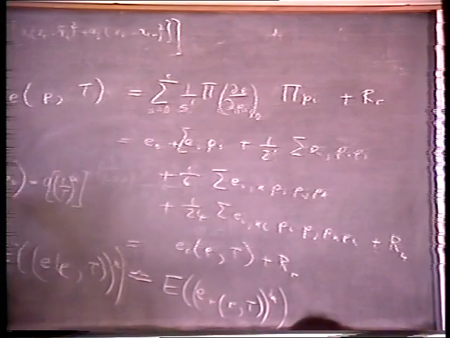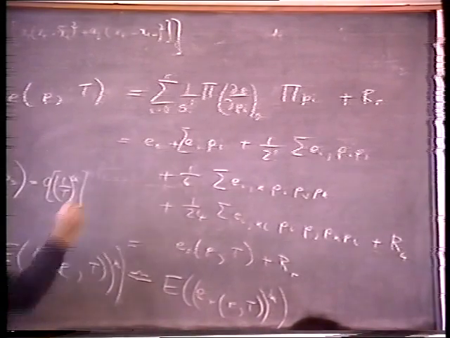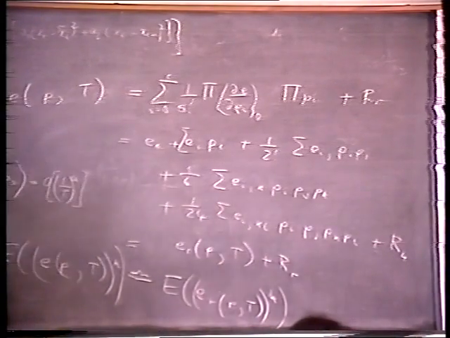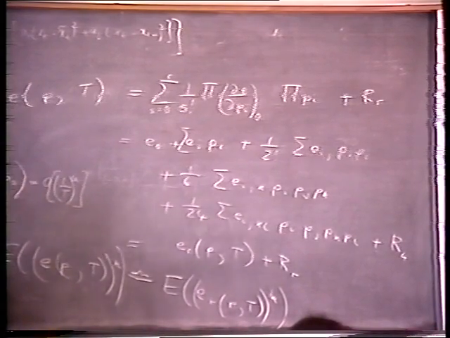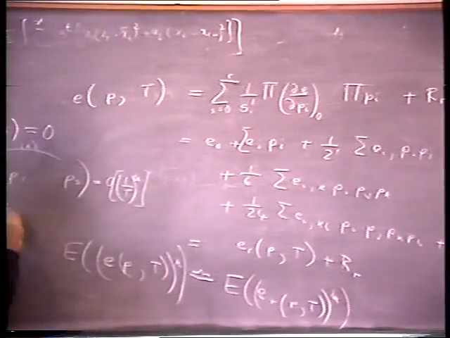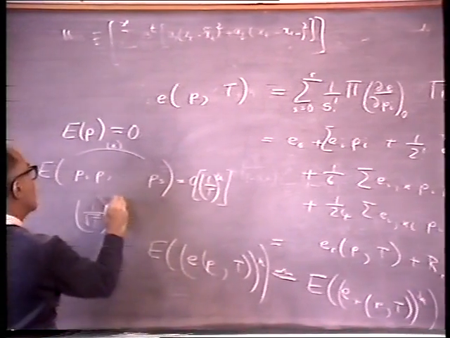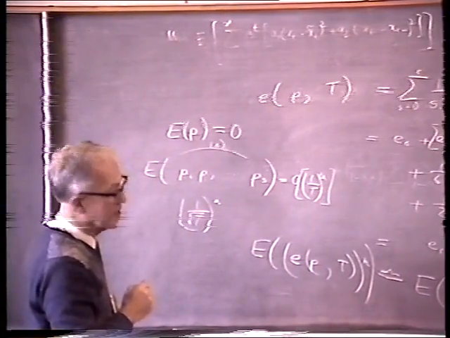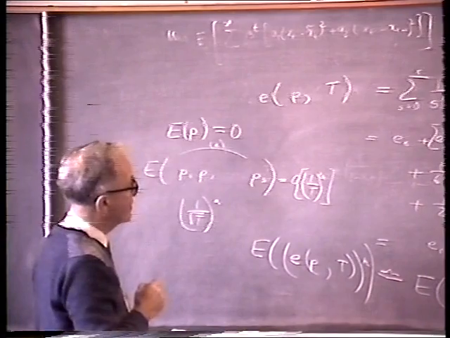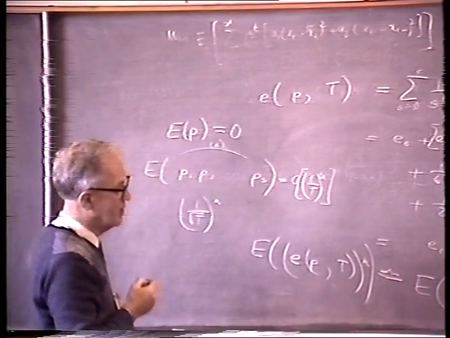So this is the essential property we require, so that each term is of order 1 upon the square root of T to the A. Each term in the expansion is going to be of lower order than the previous one. No problem with that, provided the moments exist.